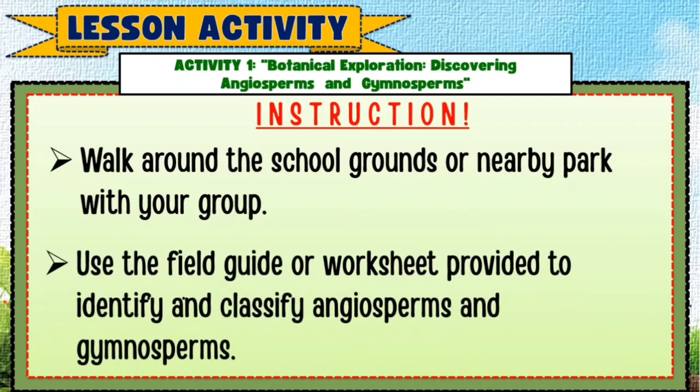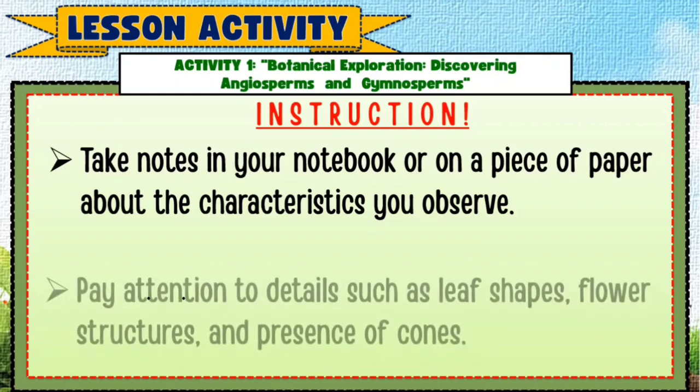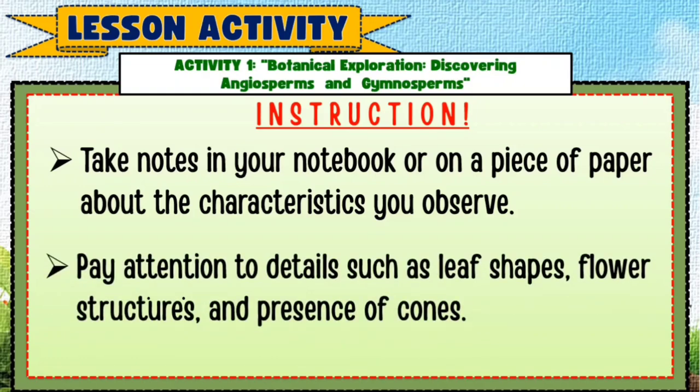Use the field guide or worksheet provided to identify and classify angiosperms and gymnosperms. Take notes in your notebook or on a piece of paper about the characteristics you observe. Pay attention to details such as leaf shapes, flower structures, and presence of cones.